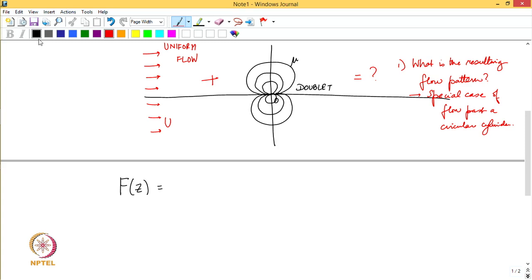When we put these two together, the new complex potential should be u times z plus mu by z, where the doublet is centered at the origin. The mu by z term is the complex potential of the doublet, and the u z term is that of a uniform flow oriented along the x axis.